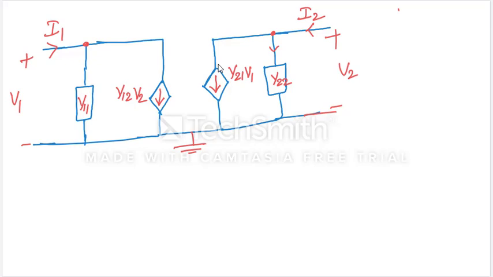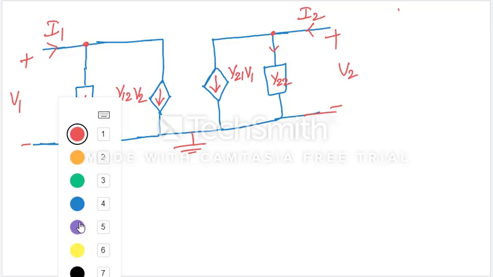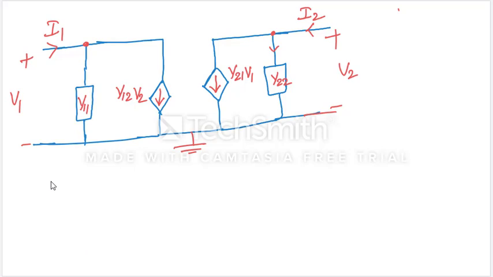Now you can see the conditions of symmetry and reciprocity. If y11 equals y22, then the network is said to be symmetrical.